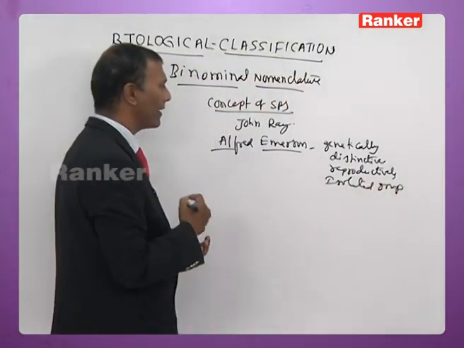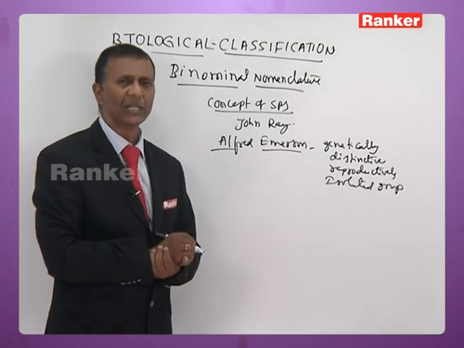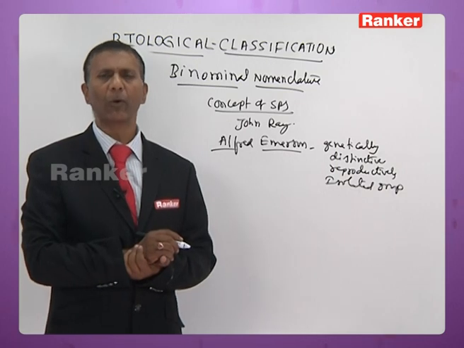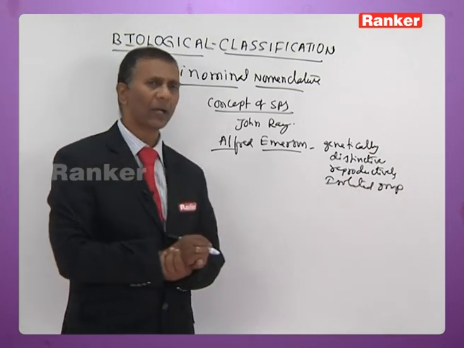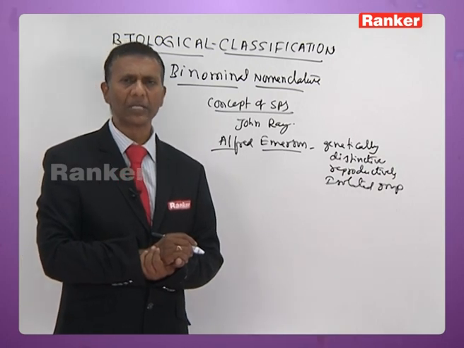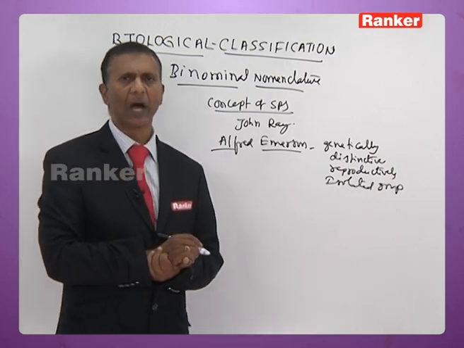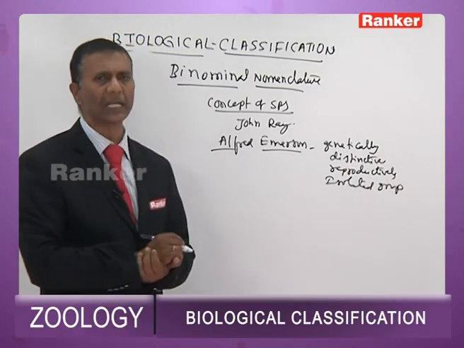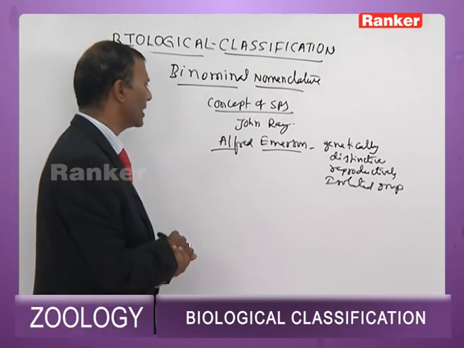That is, the organisms which belong to a species are genetically more or less identical, whereas they are reproductively isolated from other species of the same genus, or from other species. So according to Alfred Emerson, it is a genetically distinctive and reproductively isolated group.